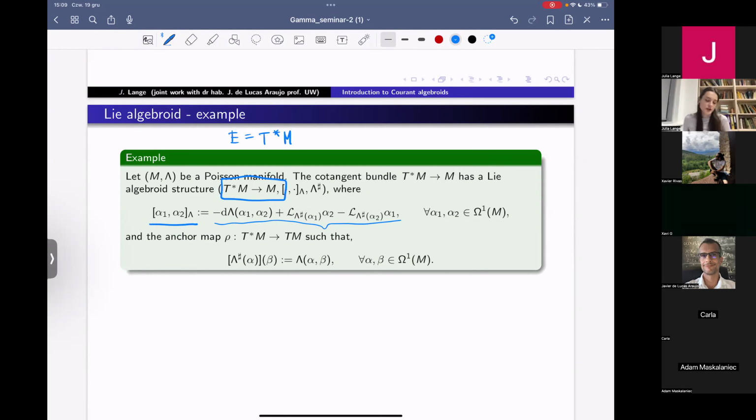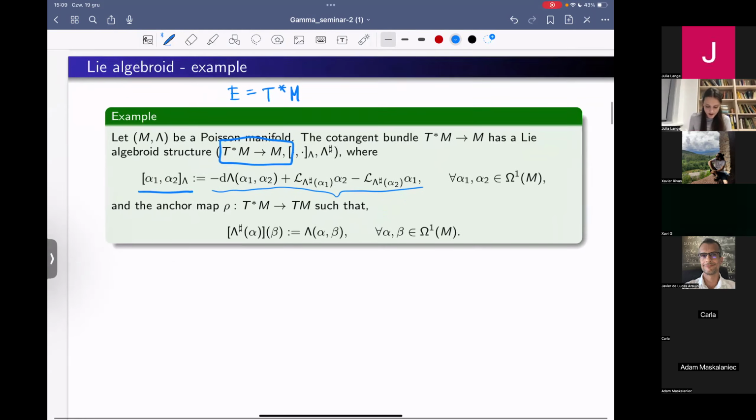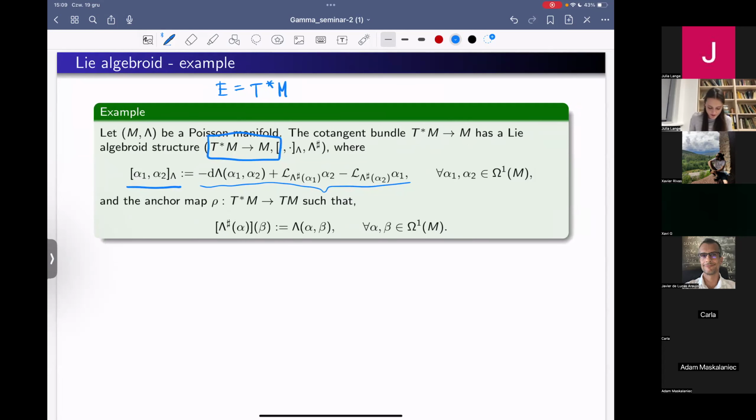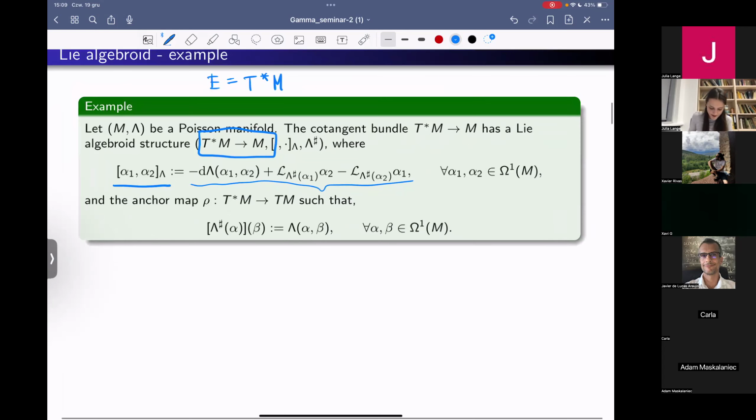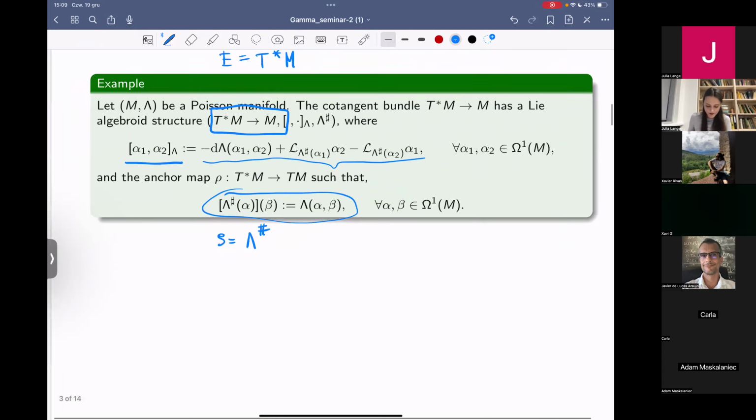You can also check that this satisfies the Jacobi identity. What is important, of course, is that we have to assume that lambda is a Poisson bivector. Then the Jacobi identity is satisfied. And the anchor map is just defined by this lambda in the following way.